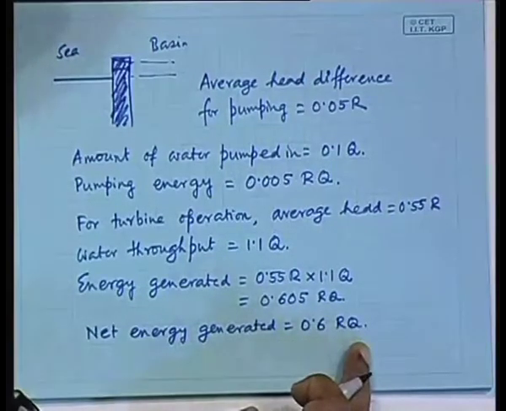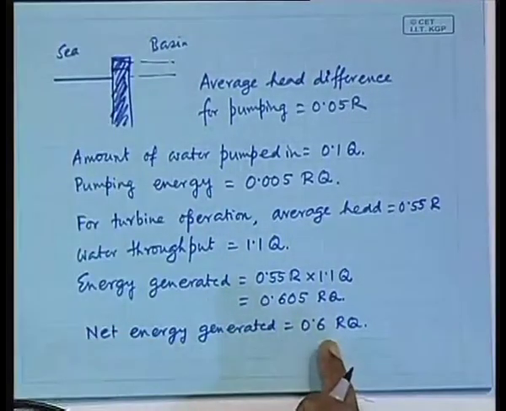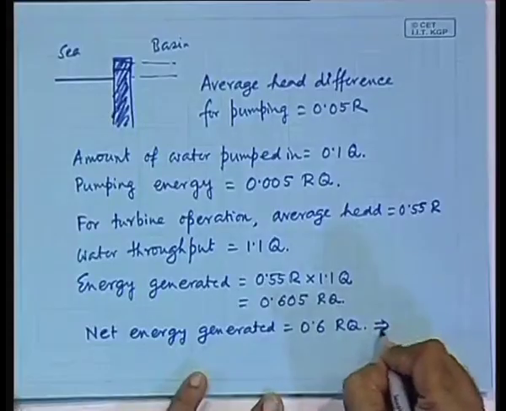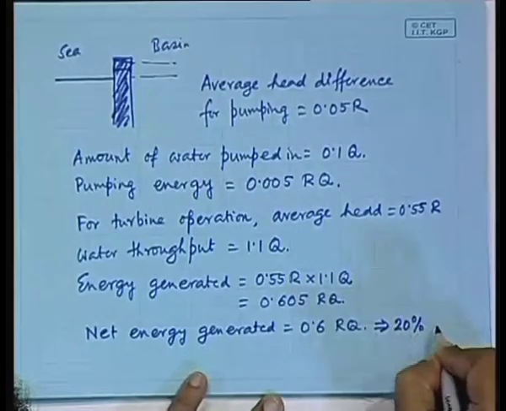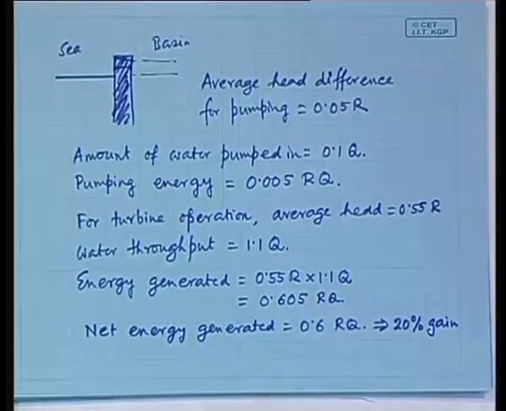Half RQ, right? We have already seen that. So by doing that additional pumping, you have got 0.5 to 0.6. How much is the gain in percentage? 20%. So this implies a 20% gain.